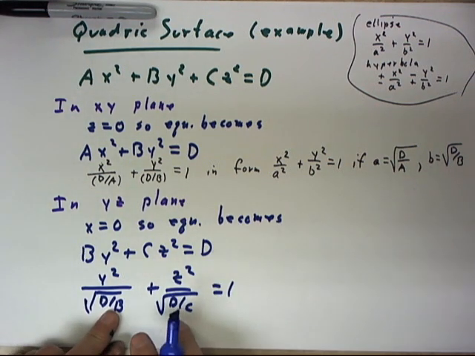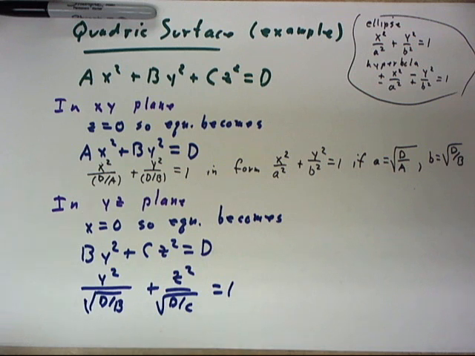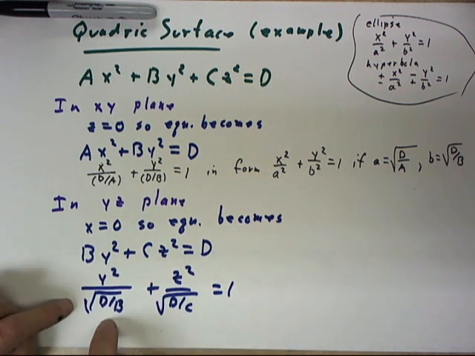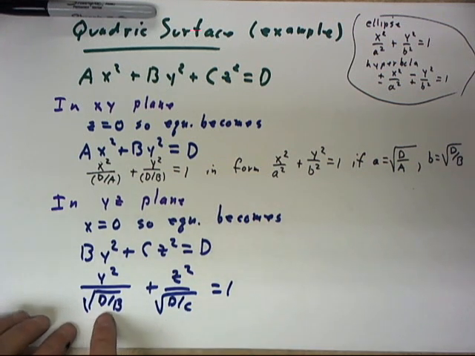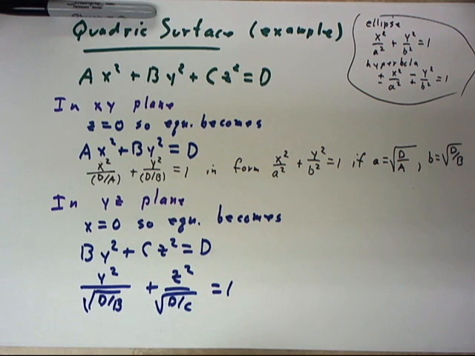Again, you don't have to worry too much about the algebra of this. We're simply indicating this is going to be y squared over something plus z squared over something, and those somethings can be indicated in terms of square roots of these ratios.